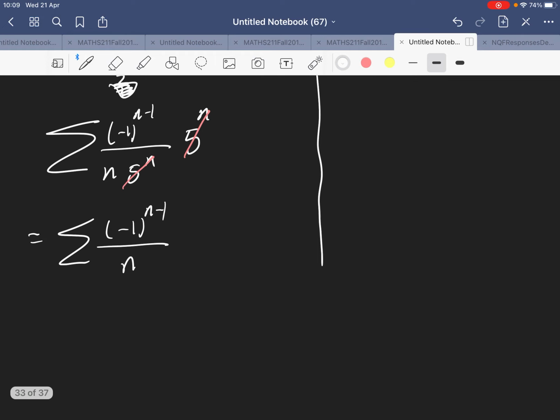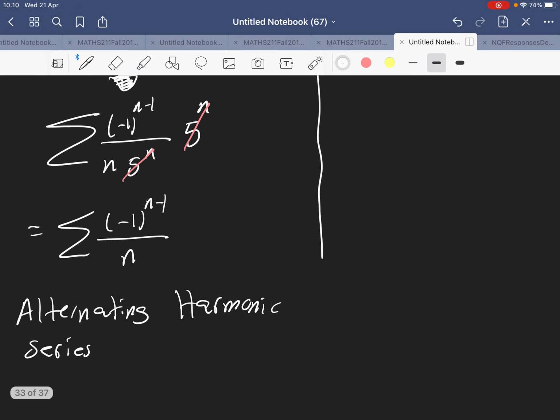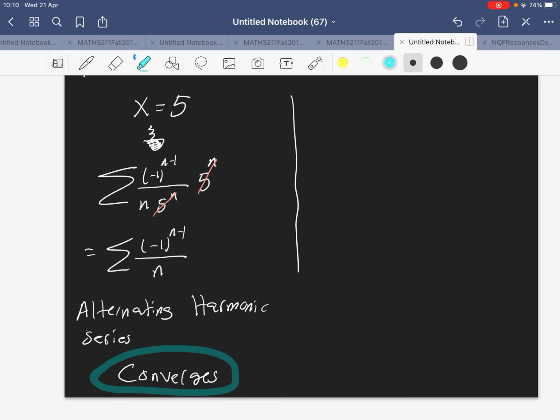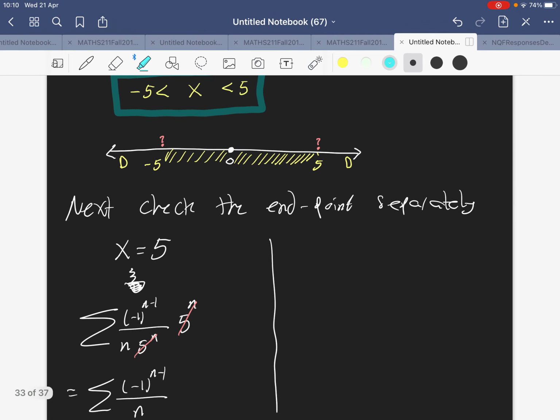Now this is a famous one. We call it the alternating harmonic series. And we know that the alternating harmonic series always converges. So at exactly 5, the interval is closed here. Closed means 5 is included in the convergence.